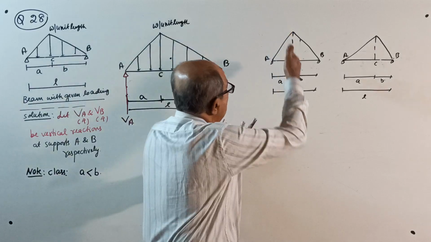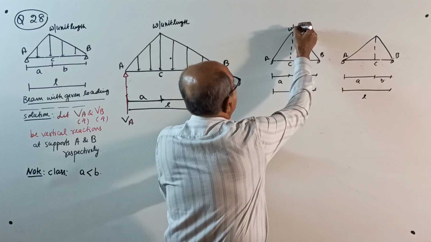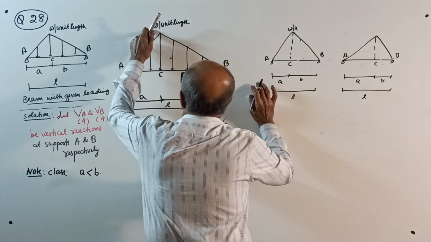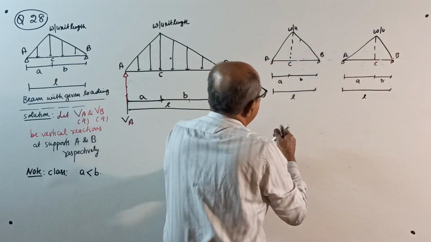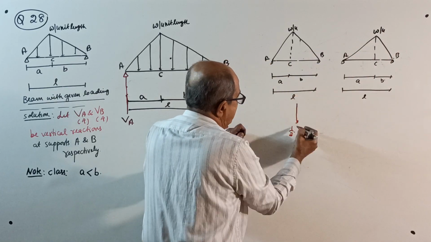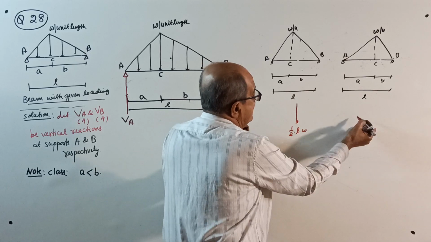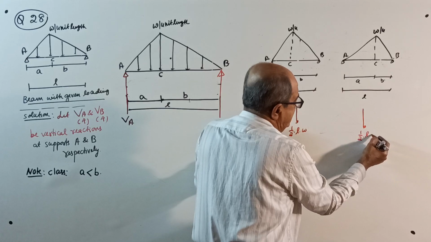Total load is, as usual, I will put briefly here, intensity W per unit length. This is to understand W per unit length. If you want total load, it is half into base L into W. Here also, total load is half into base into W.